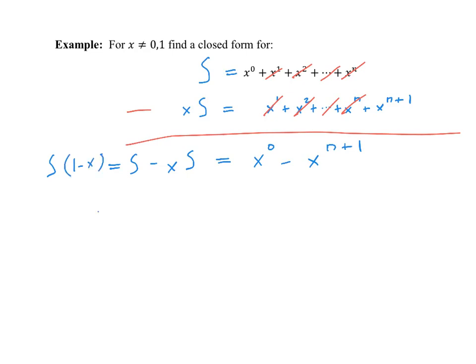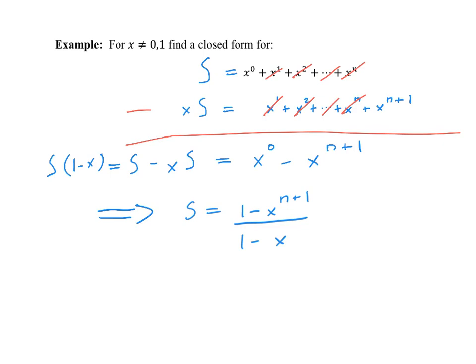Our objective here is to solve for s. So we can divide both sides of this equation by 1 minus x. So s is equal to x to the power 0, how about we write that as 1, minus x to the power n plus 1, divided by 1 minus x.